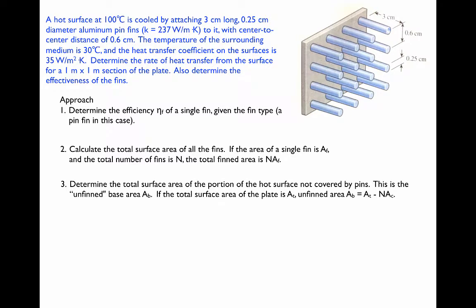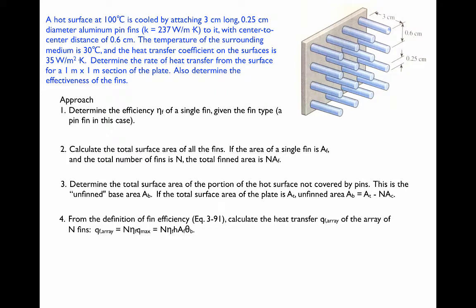Third, determine the total surface area of the part of the hot surface not covered by fins, what we call the unfinned base area. That is equal to the total area of the plate, 1 square meter, minus the product of the number of fins and the little cross-section that each fin takes up when it is attached to the plate.